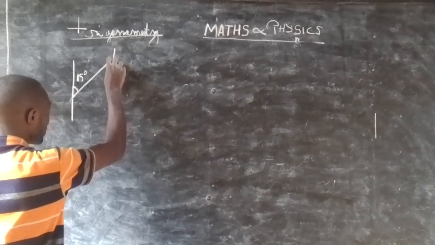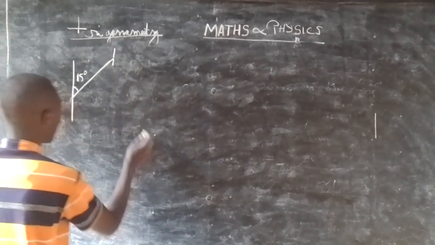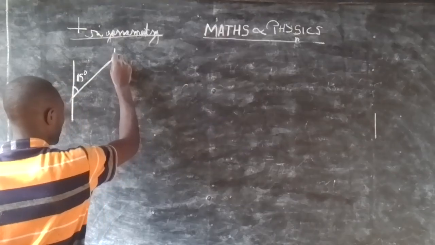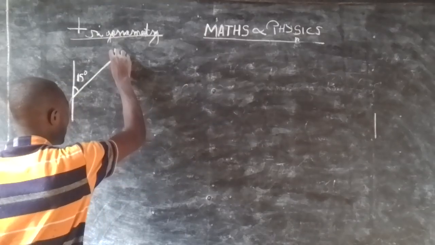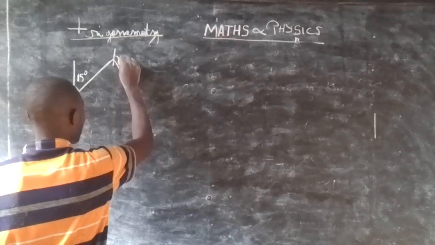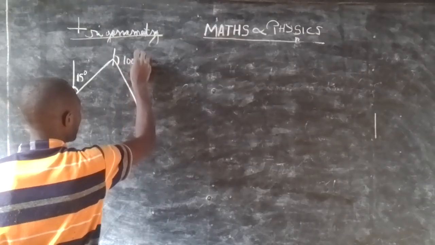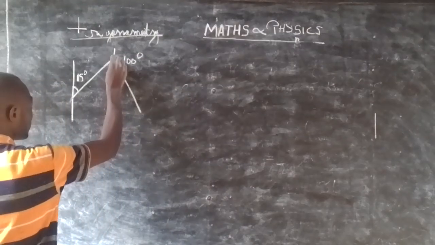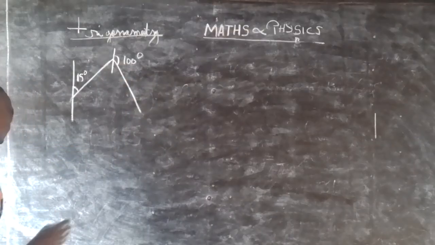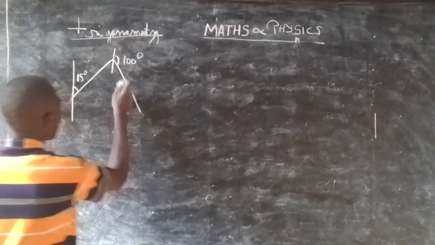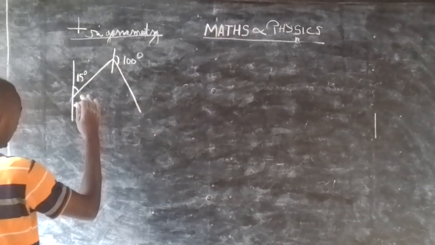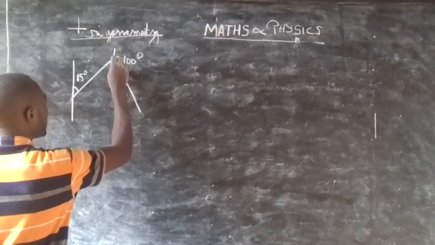In the second case where the aircraft changes, we have 100 degrees, that is the second bearing angle. We know that opposite angles are equal.